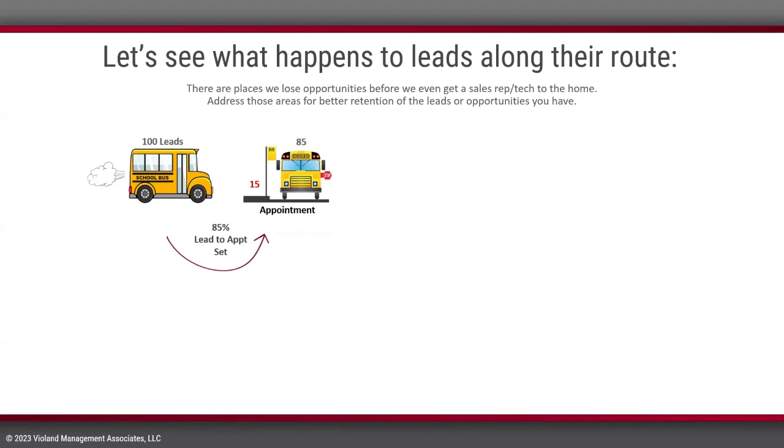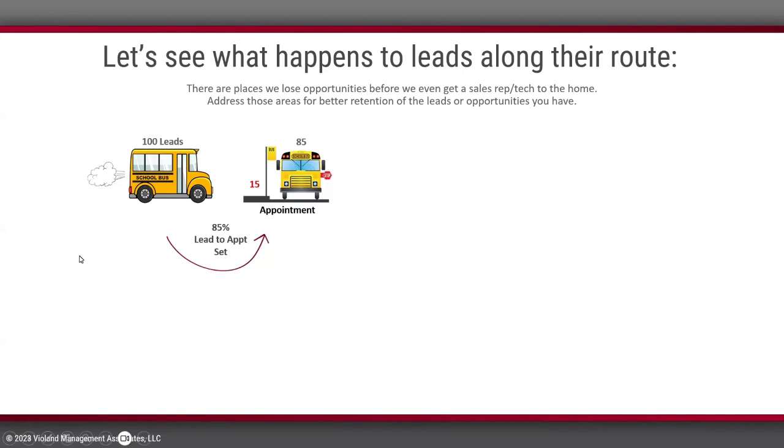Well, in this particular case, they represent the 15 leads that we never set to an appointment. We either could never get a hold of them, maybe even didn't try, maybe somehow they got lost and fell through the cracks. But for whatever reason, of the 100 leads that our marketing department developed for us, 15 of them we never even set to an appointment. Okay, so we lost 15 leads.